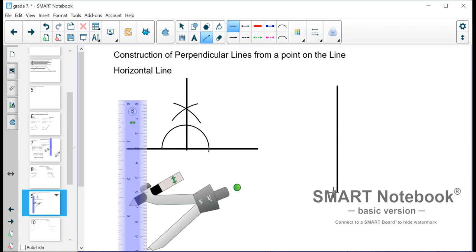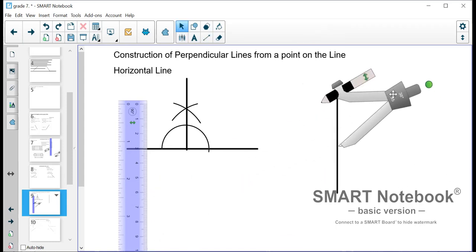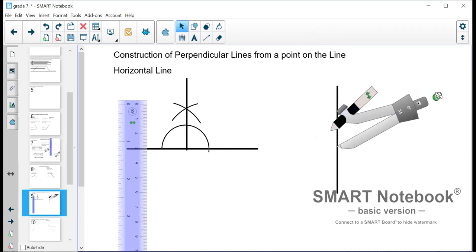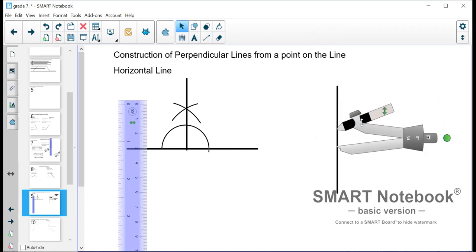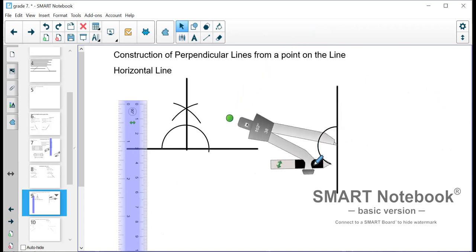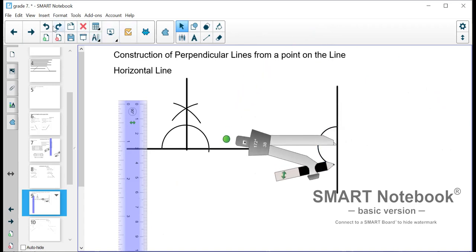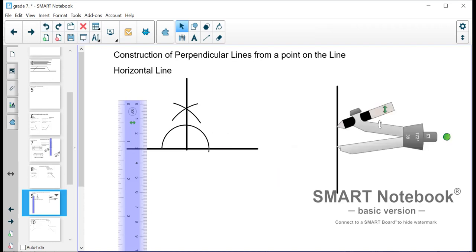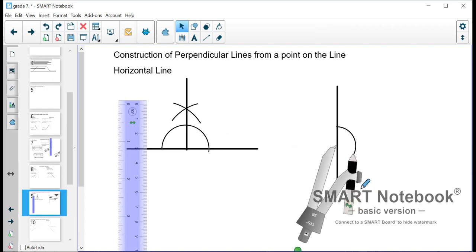Good, so that is how you do it when you are working with a horizontal line. If you are starting with a vertical line, you draw the line as usual. Then again, you take the pair of compasses, you place it on any point of the line or wherever you're asked to draw it from, and you scribe an arc. Now, please note, you can do it on this side, or you can do it on the other side, right?